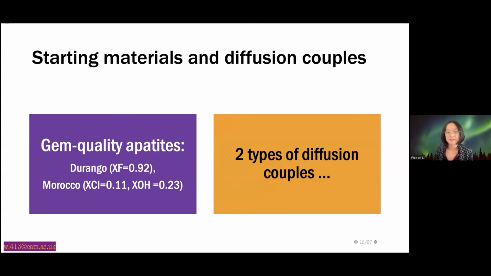One is from Durango and is a typical fluorapatite, and it is typically used as an apatite standard for different types of analysis. The other type of apatite is from Morocco, and it is less fluorine rich, and it has more chlorine and hydroxyl. Because of the compositional difference between the two types of apatites, we can put them together to make diffusion couples and then heat them up in the furnace.